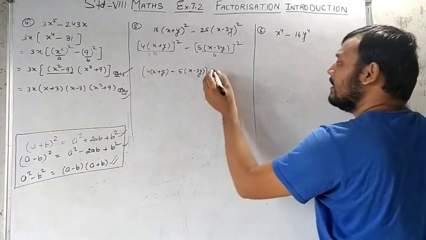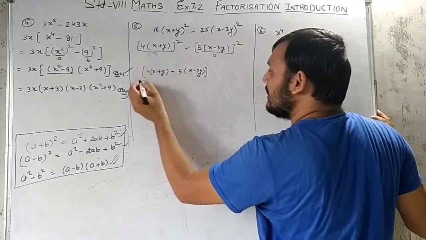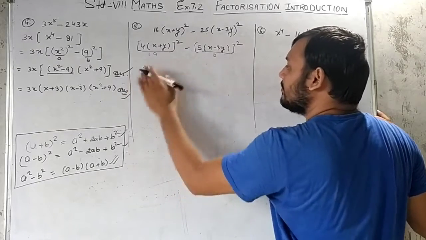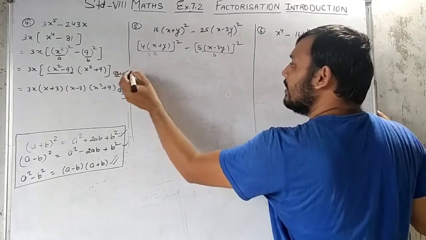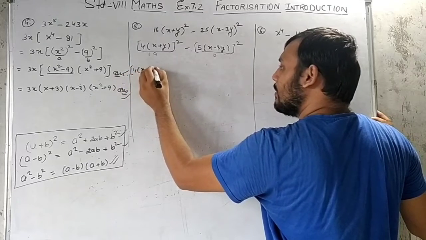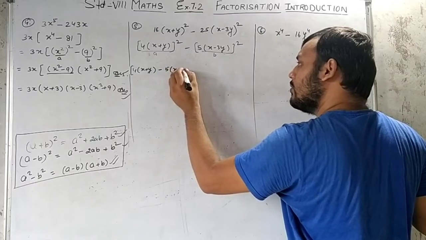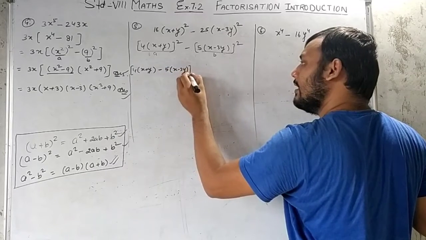Now a plus b. For a plus b, I am writing it again here, otherwise space will be less. So this one will be 4 into x plus y minus 5 into x minus 3y, like this.